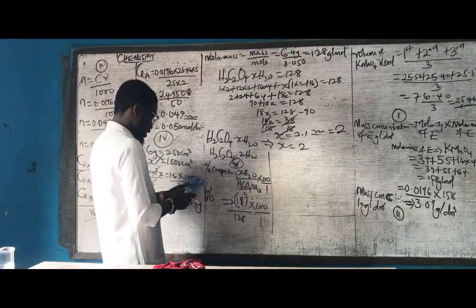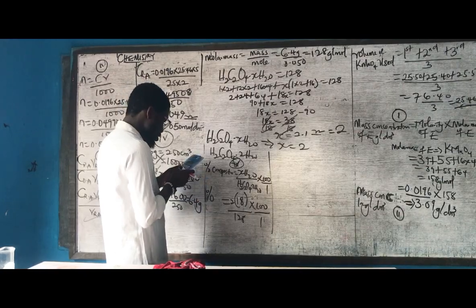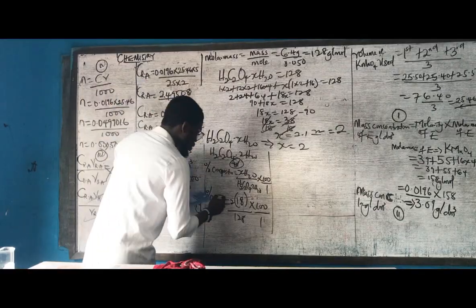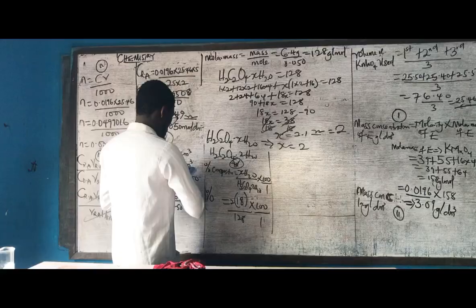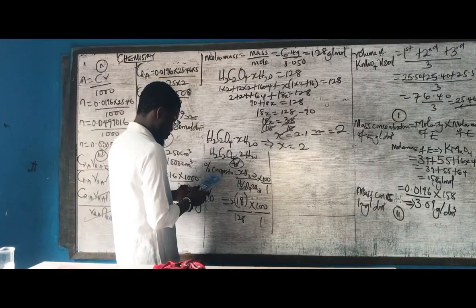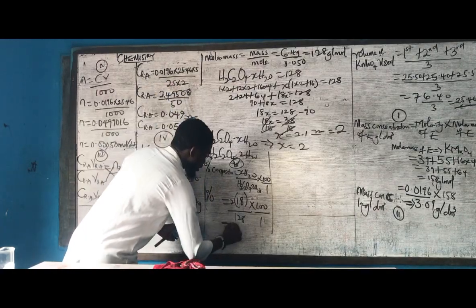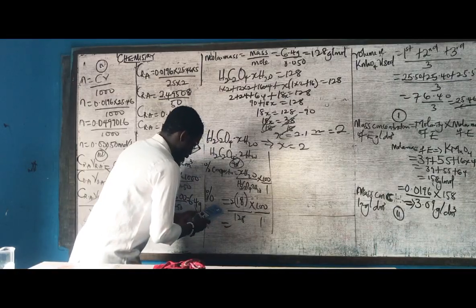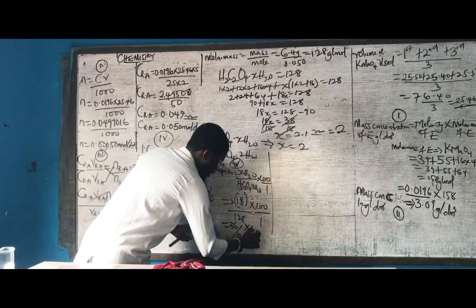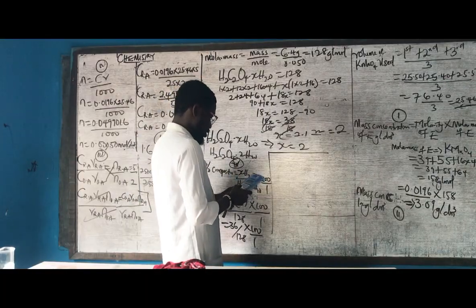So we have 18 times 2, that's 36, divided by 128 times 100.